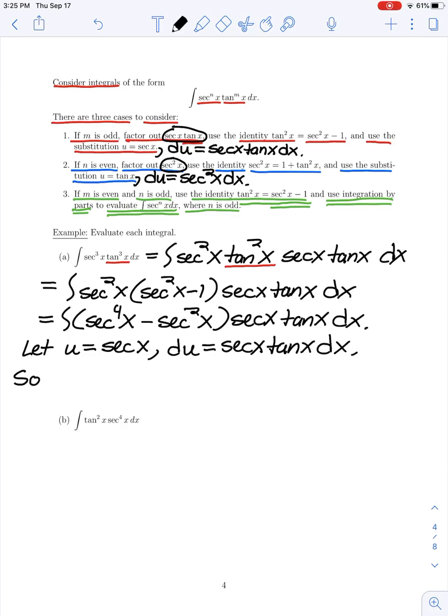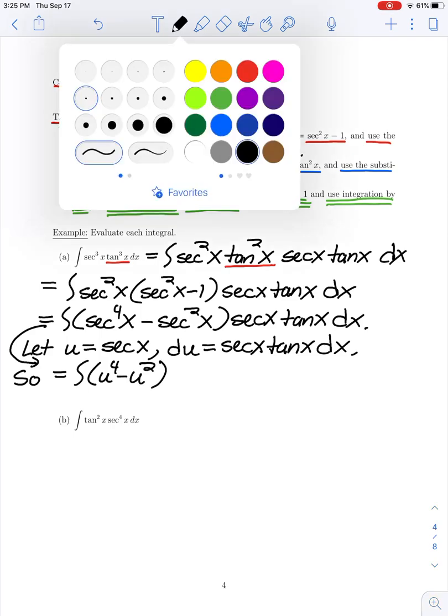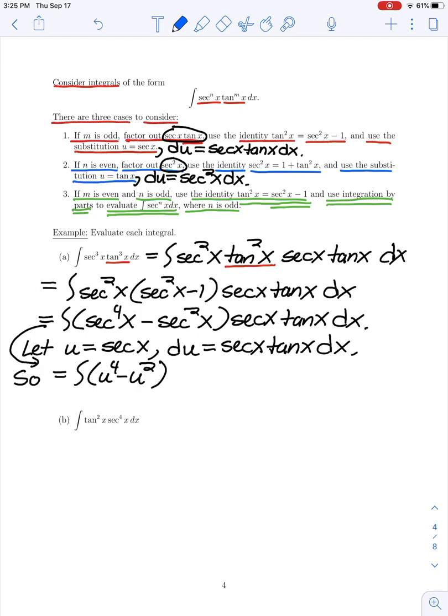So this allows me to rewrite our integral in terms of u as the integral of u to the fourth minus u squared, and then this factor that I had on the end, secant x times tangent x dx, when we made our substitution, we found that that was exactly du.